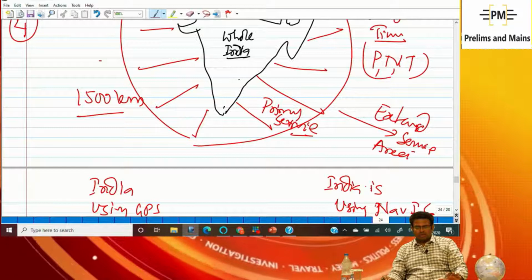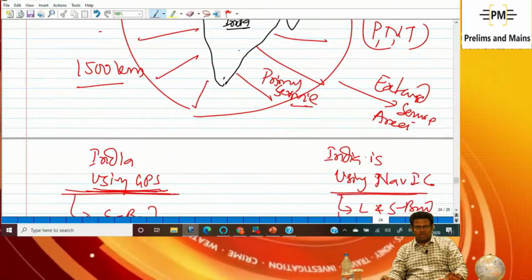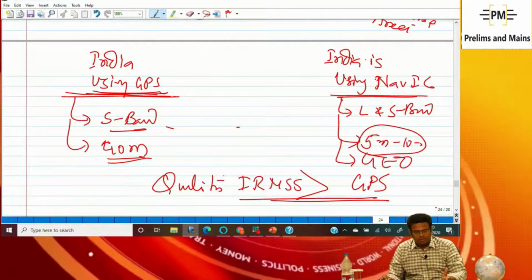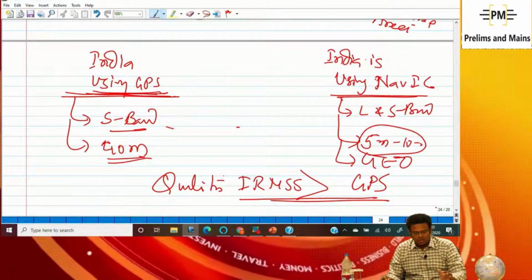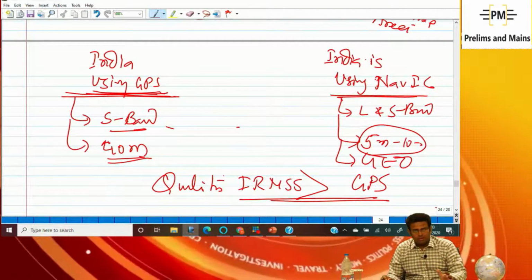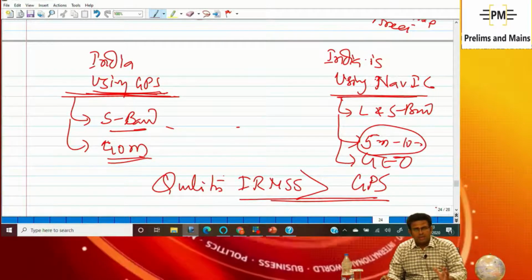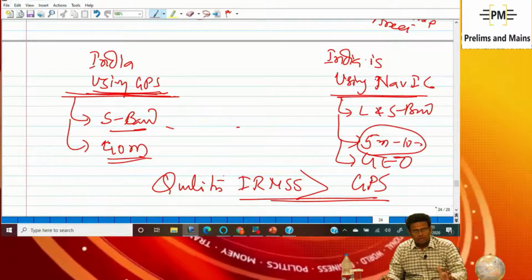But it is 1500 kilometers, you should remember that. GPS has the S band only, so it is not able to give the complete clarity of the position and navigation of any object moving on the earth.